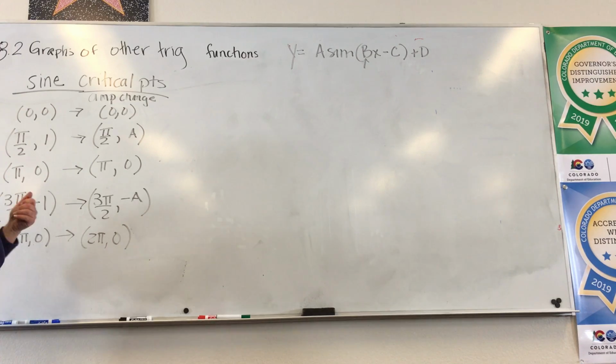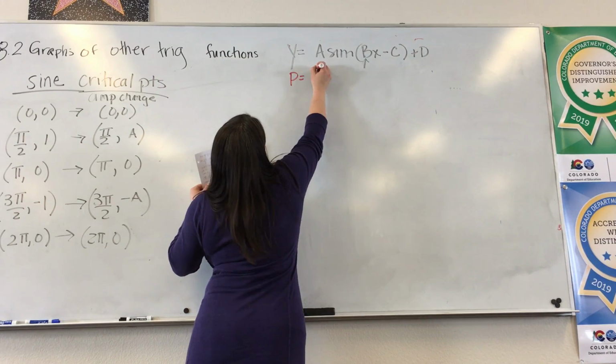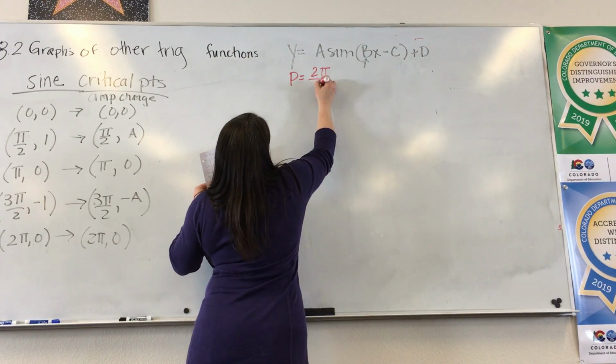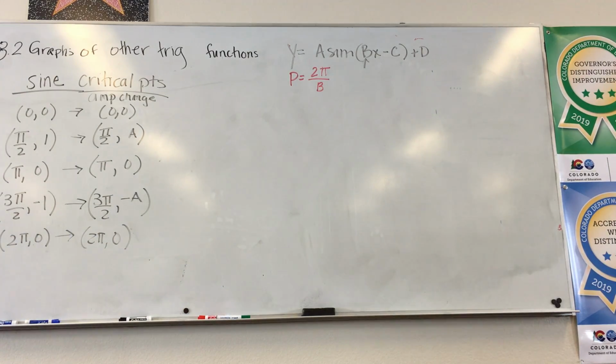Okay, so now let's have a period change. We learned before that the period is going to be 2pi over b. The period change means that I'm going to either scrunch it together or pull it apart.